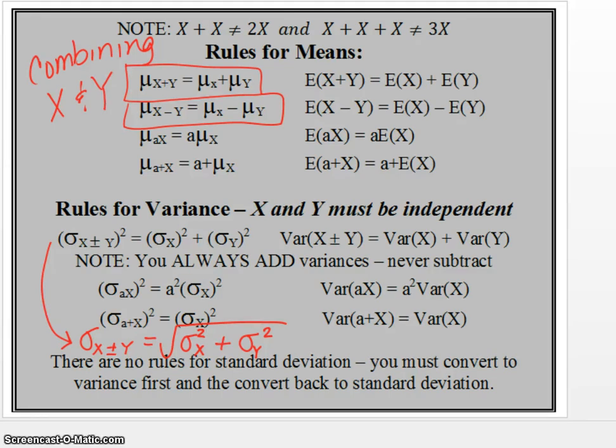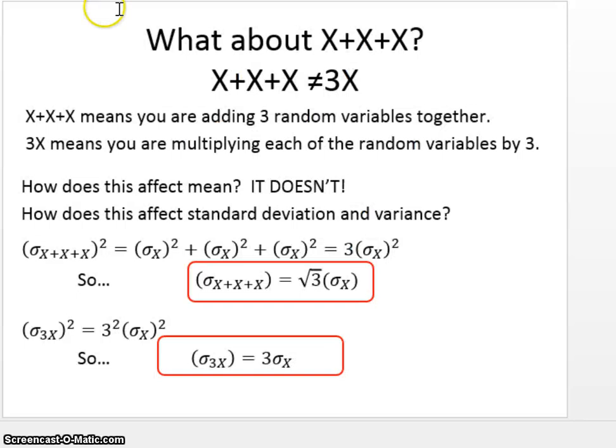Okay, so what else did we do in chapter 7? Well, we also did X plus X plus X, which unfortunately suddenly is not the same as 3X. This is a random height plus a random height plus a random height. So it's a lot of randomness going on, which is not going to work out quite the same as 3X, specifically for the standard deviation. So how does this change the mean? Well, it doesn't. The mean will still be add the mean, add the mean, add the mean, or 3 times the mean, it doesn't matter.